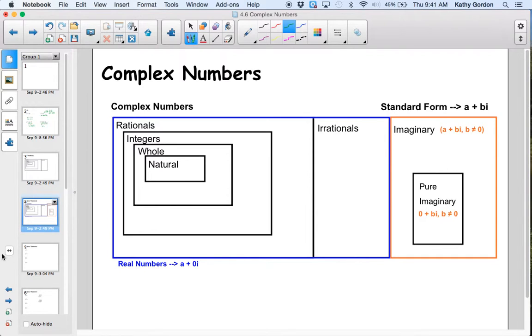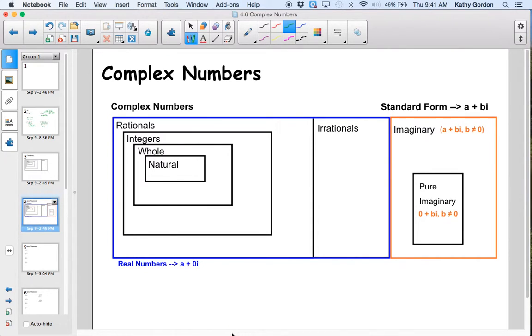Imaginary numbers are those that are in this standard form of a plus bi, and b is not going to be equal to 0. So what's happening really is that in the blue box, these actually were all in the a plus bi form, but b was 0.